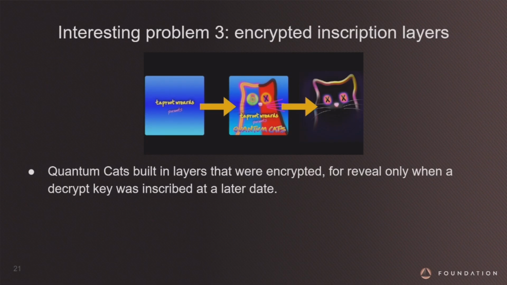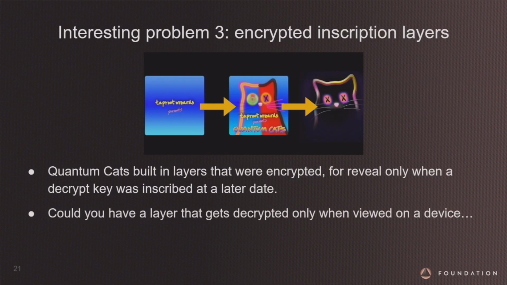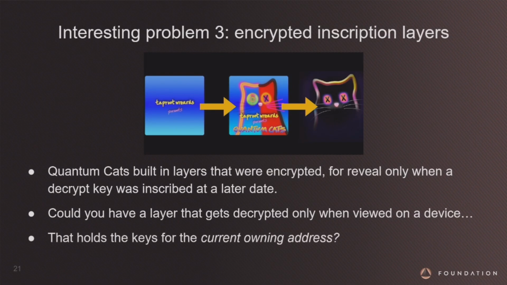I think inscriptions can reference data about their owning satoshi and their address. So now you have the flexibility of designing an app: can you make something with a layer that's only decryptable by the device that holds the keys for the current owning address? And you could use that for something like an authenticity stamp maybe, or a secret message from the artist to the owners, never readable by observers on chain or anything.